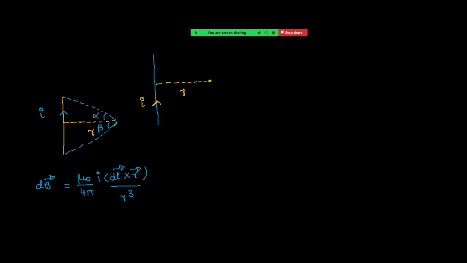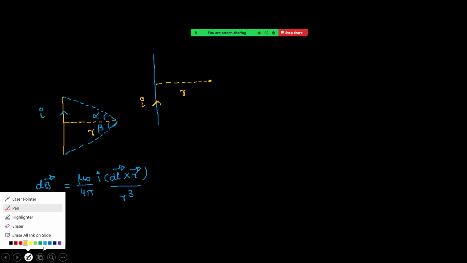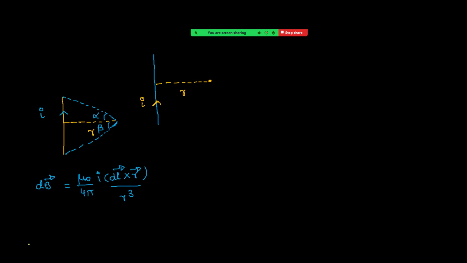So now what we are doing is, let us consider one small element on this wire, that is now at a distance y from here.